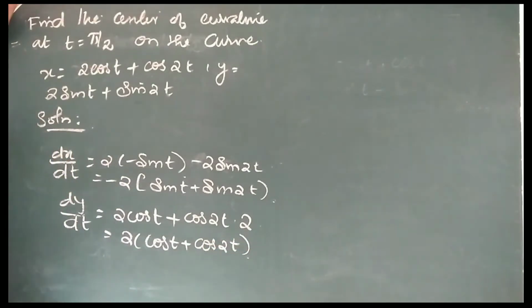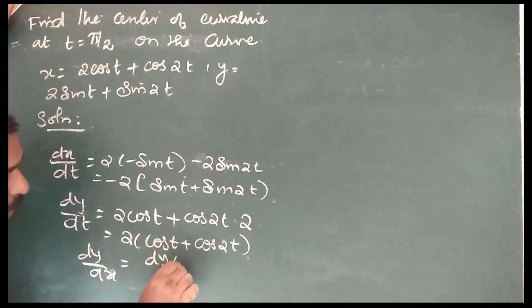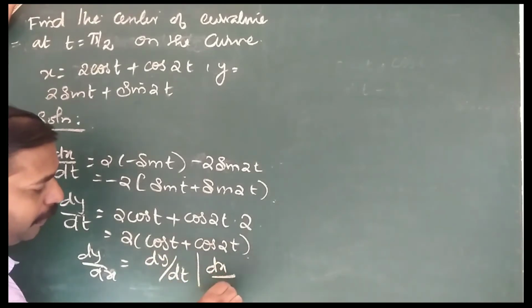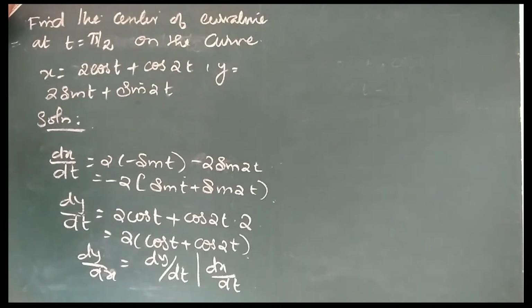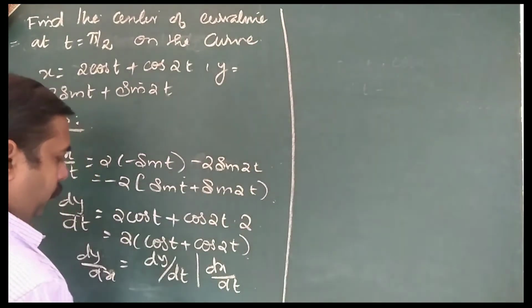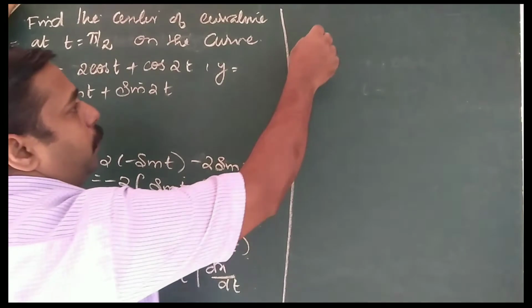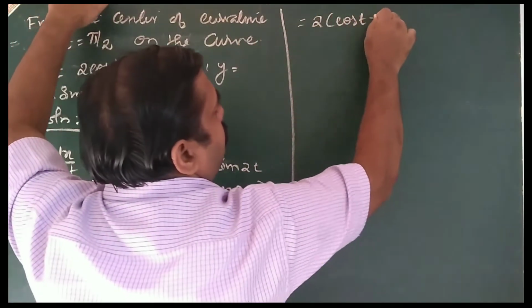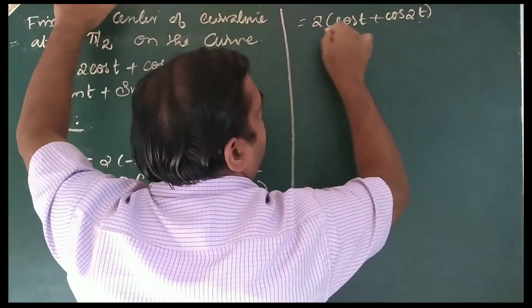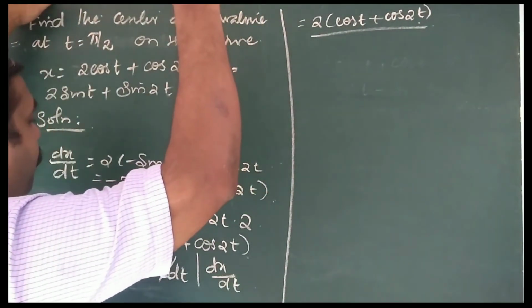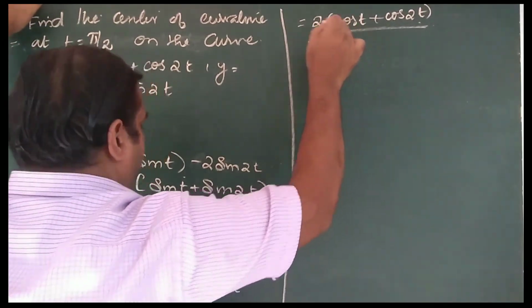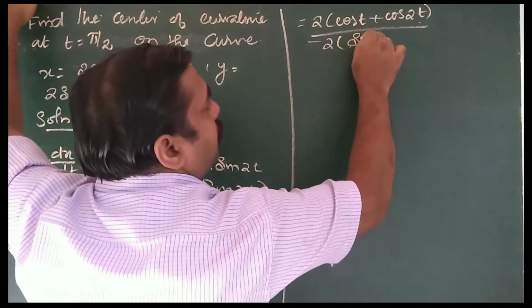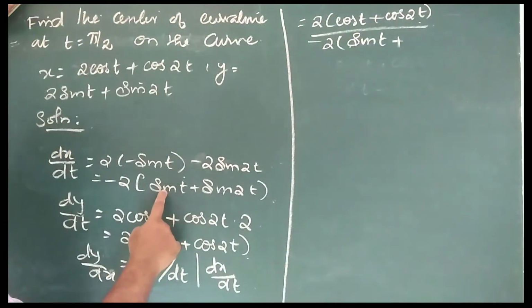Now we can apply the formula: dy by dx is equal to dy by dt divided by dx by dt. Substituting the values, that is 2 into (cos t plus cos 2t) divided by minus 2 into (sin t plus sin 2t).